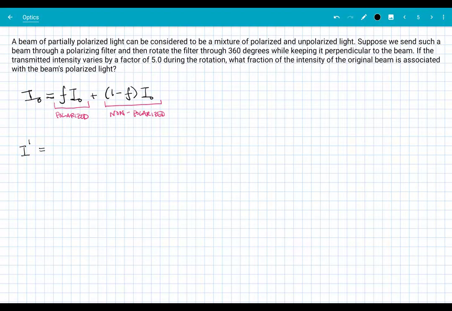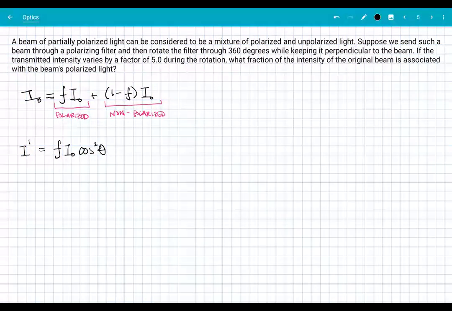So what's going to happen? Well, for the polarized part, we know what's going to happen. I've got F I naught multiplied by cosine squared theta, theta being the angle of the polarizing filter with respect to the original light. That would be how the polarized light responds to the filter, and the non-polarized light responds to the filter in a really simple way. It cuts the intensity in half.